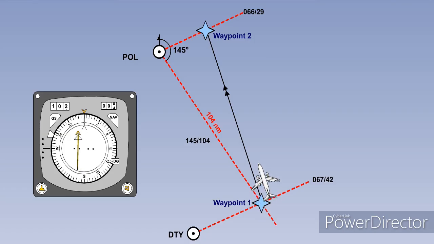The RNAV now continually computes the aircraft position with respect to Pole Hill, and compares this position with the computed track to determine the cross-track error and the distance to go. Steering demands are fed into the HSI and performed either manually or by the autopilot.